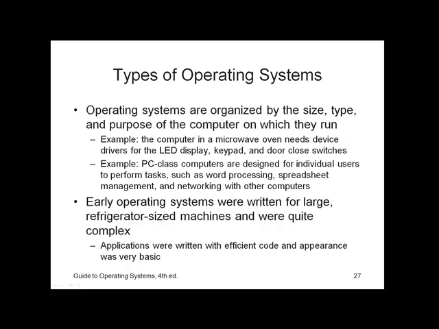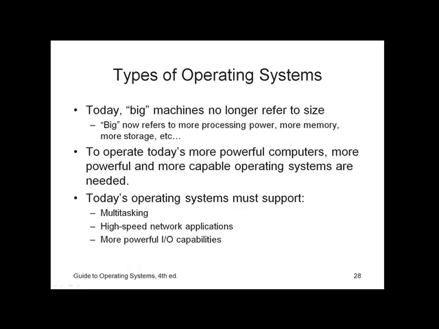Early operating systems were written for large, refrigerator-sized machines, and they were quite complex. Applications were written with efficient code, and the appearance was very basic. However, today, when we talk about big machines, we no longer have to refer to them by the physical size.